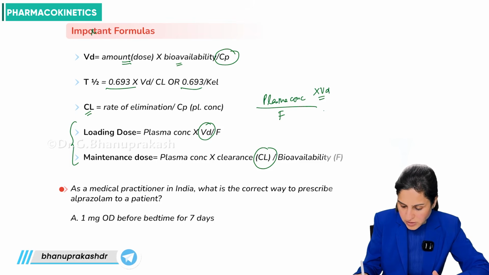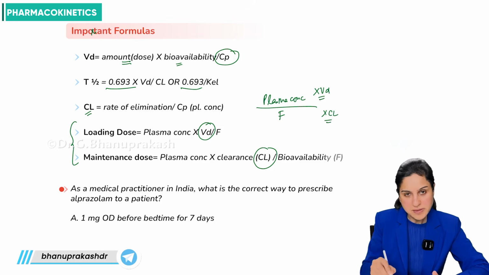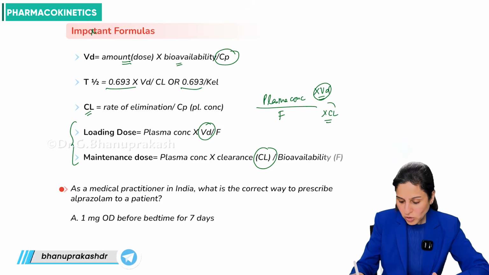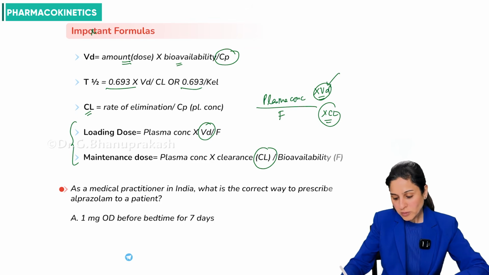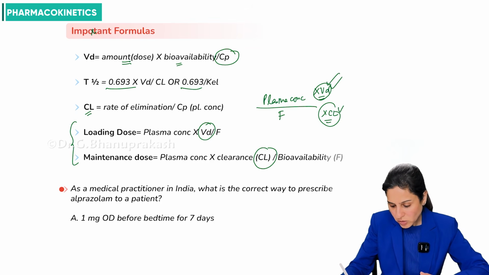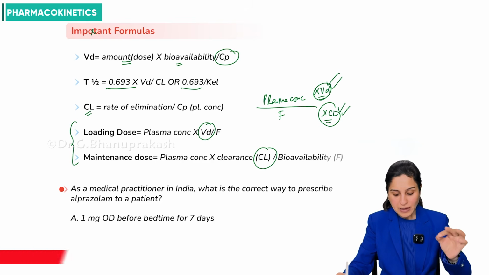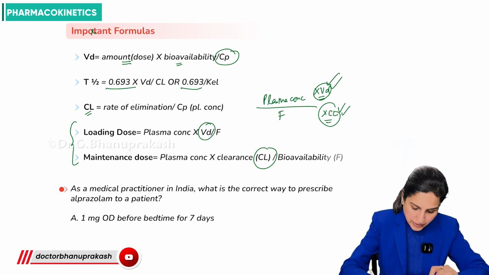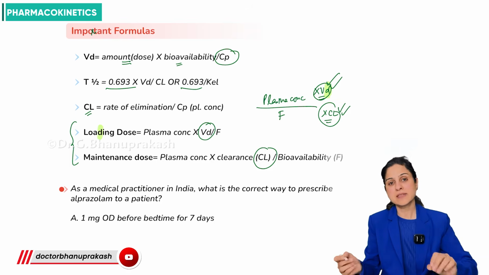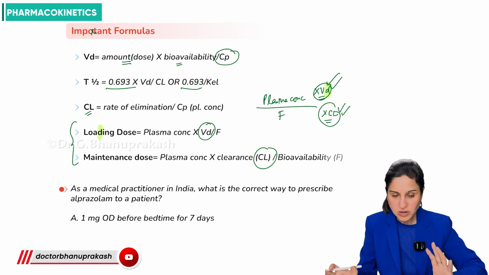If it's a maintenance dose, it is multiplied by the clearance. Remember, this is the only difference. So loading dose depends on the volume of distribution, and maintenance dose depends on the clearance. Remember, loading dose has D in the spelling, and volume of distribution also has D in the spelling. So DD: volume of distribution, loading dose.